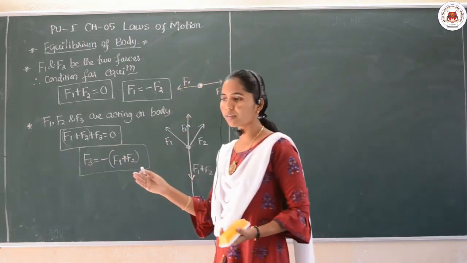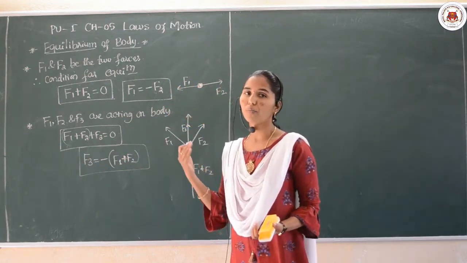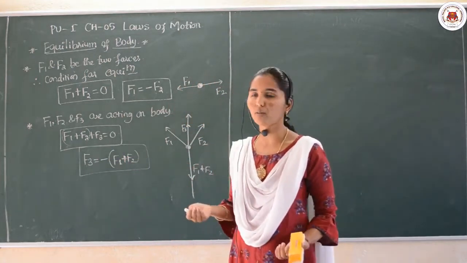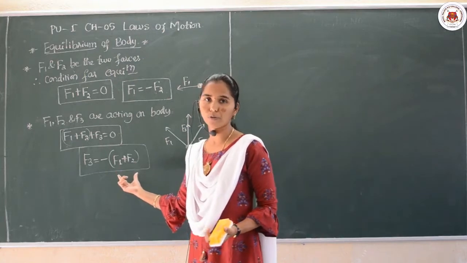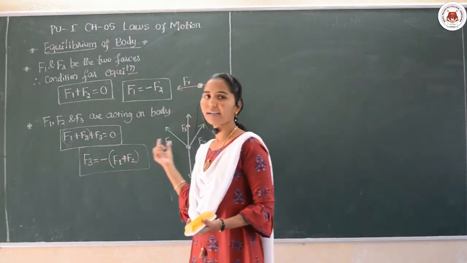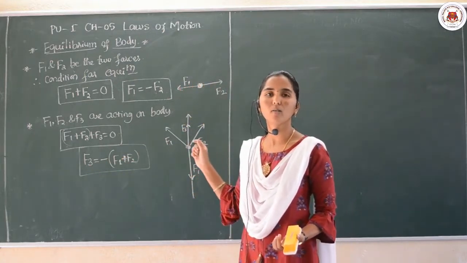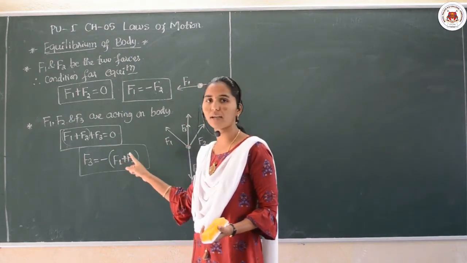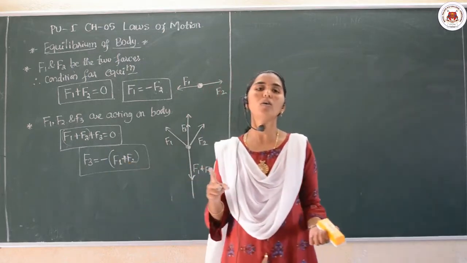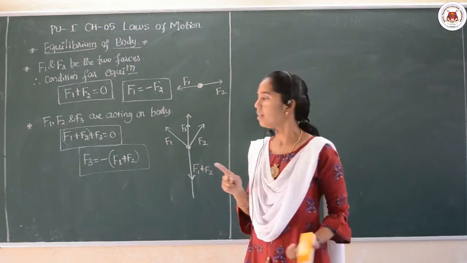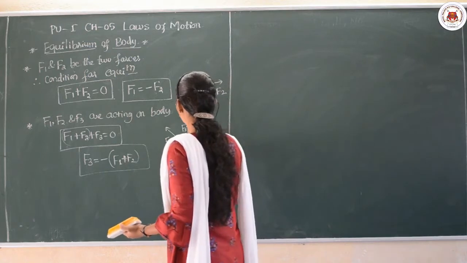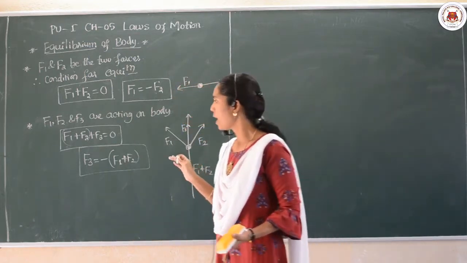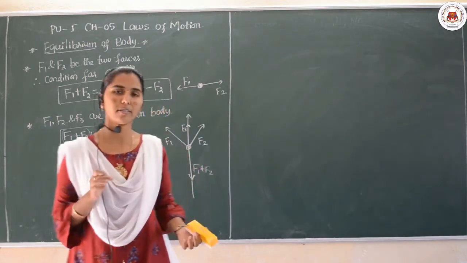When three forces are acting on the body, the third force will be equal and opposite to the sum of the other two forces. This is the condition for the equilibrium of the body. I hope the points are clear, dear students, right?